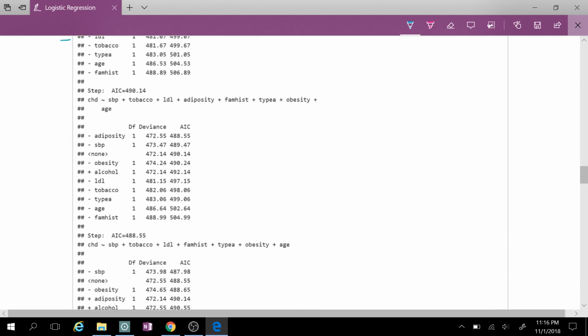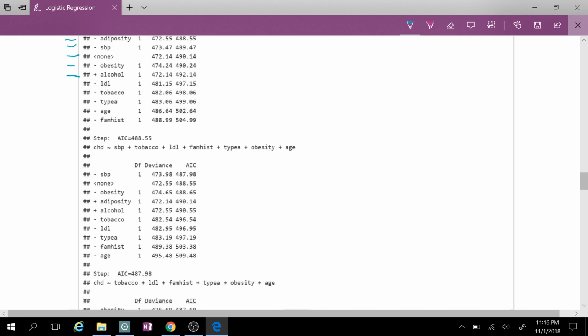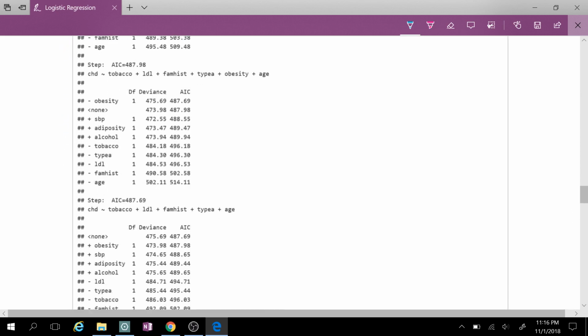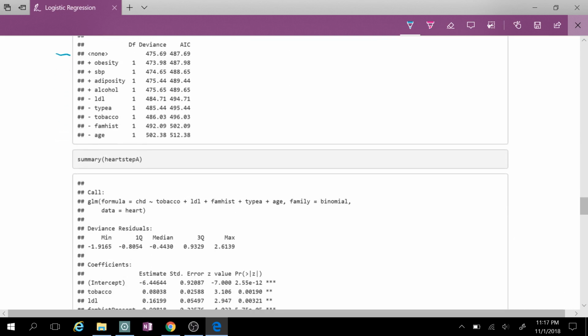And then we get to the second stage. Again, we try to remove each of the existing covariates, or don't do anything, or add back the alcohol. And we rank those actions by AIC value, and the smallest AIC would lead us to continue removing a feature. And then we keep doing this until at a certain point, not doing anything actually has the smallest AIC, and then we just stop. And we can just grab the existing model.